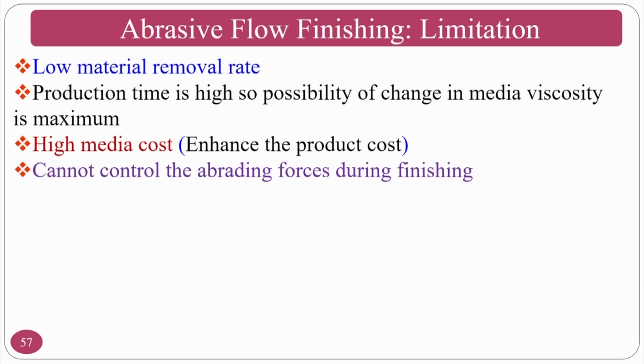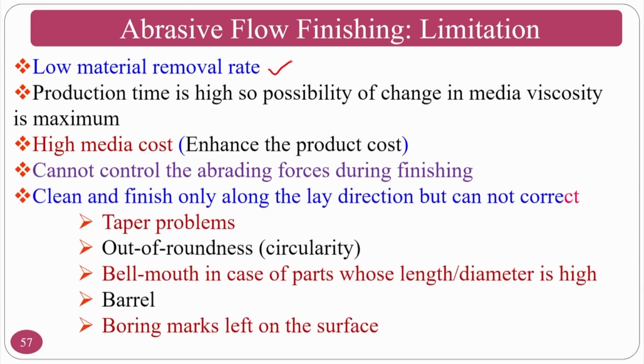So, the limitations of this abrasive flow finishing process: the material removal rate is very low. That means that from the point of view of material removal, it is not a good option. But from the point of view of finishing, it is a good option, because as I explained in the first lecture, there is a difference between machining and finishing.